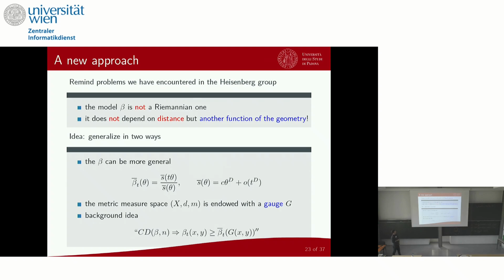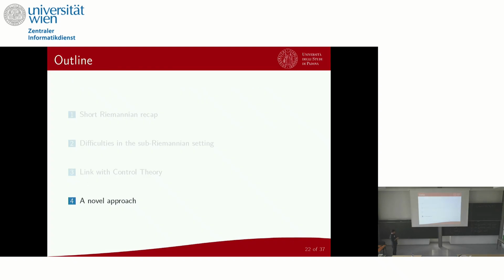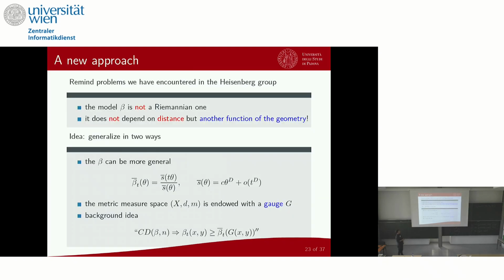The first one is to allow more general beta of the form S of t theta over S of theta, where S of theta has some nice asymptotics when theta goes to 0. Okay, and we have this capital B as a sort of dimension. We will see. The second thing is that we endow the space with a gauge G.